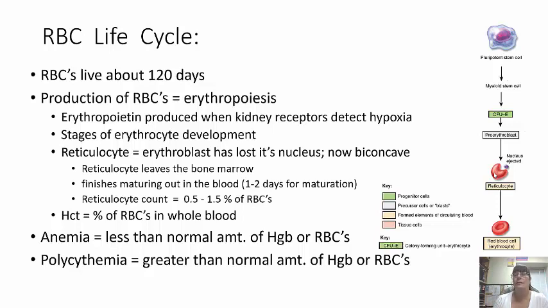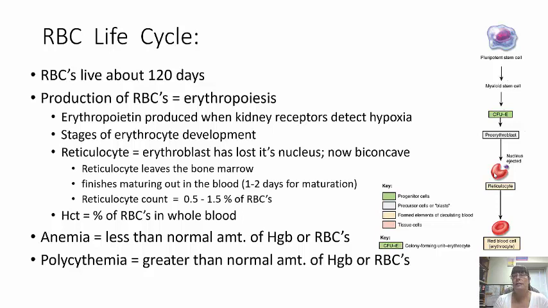Once it becomes a reticulocyte, that's an erythroblast that has finally expelled its nucleus, and now it's biconcave. Reticulocytes leave the bone marrow and finish maturing in the blood. It takes about 1 to 2 days. So the reticulocyte count is going to be about 0.5 to 1.5% of red blood cells.